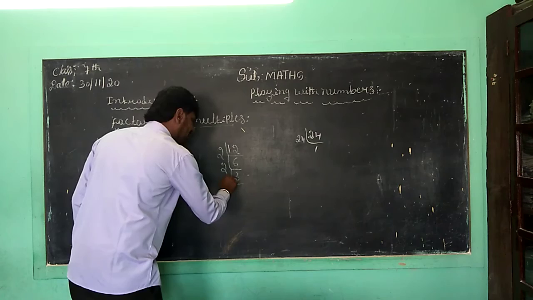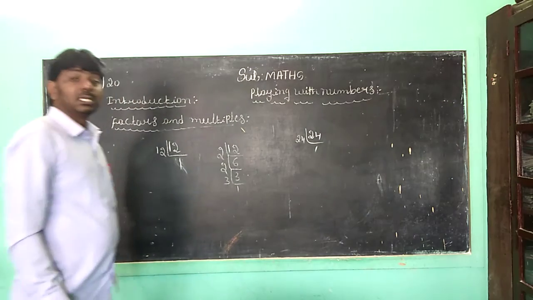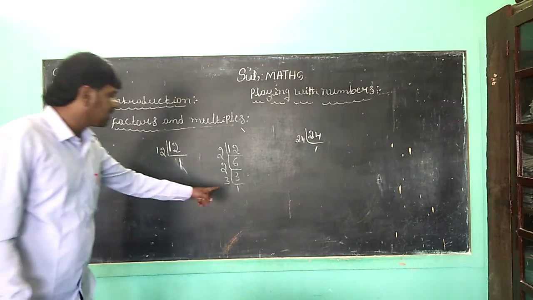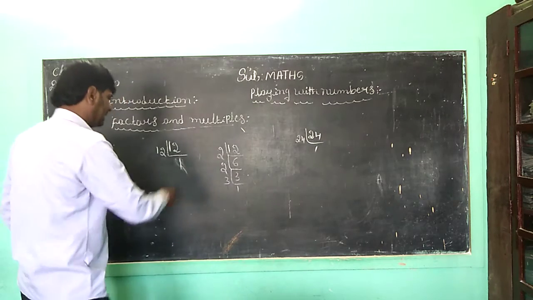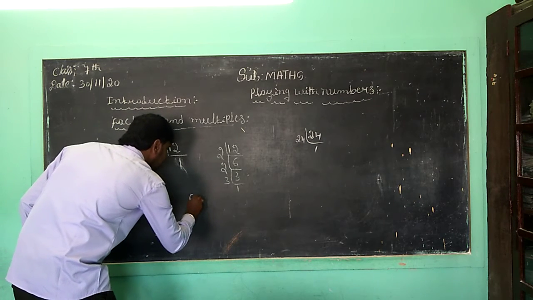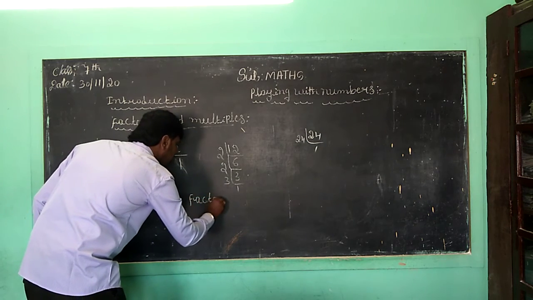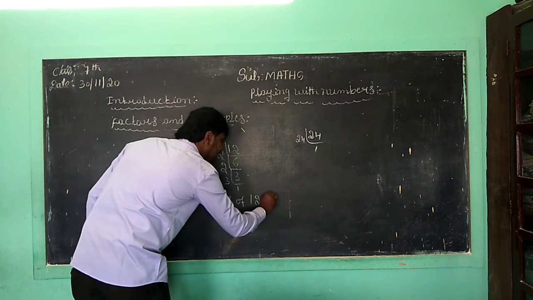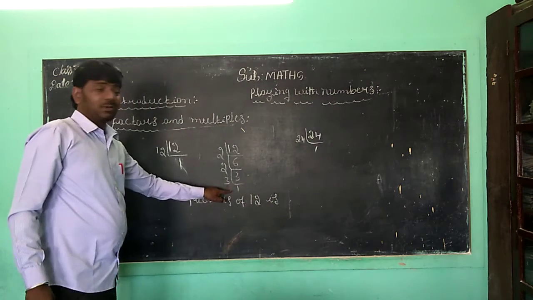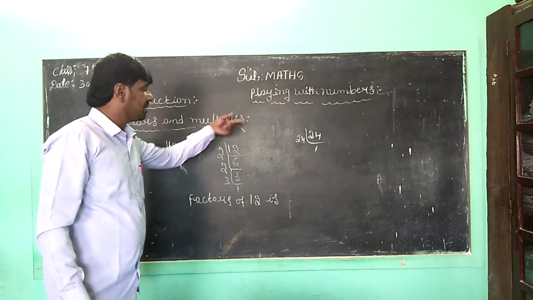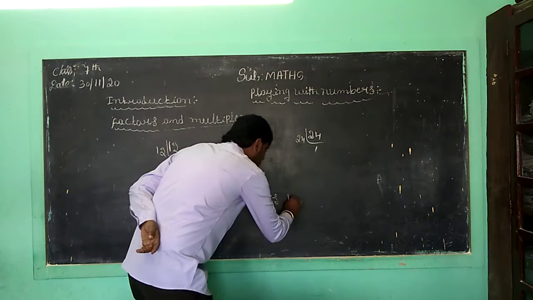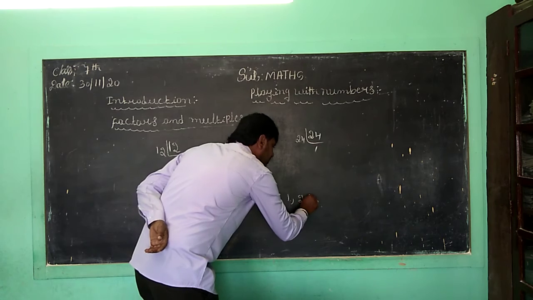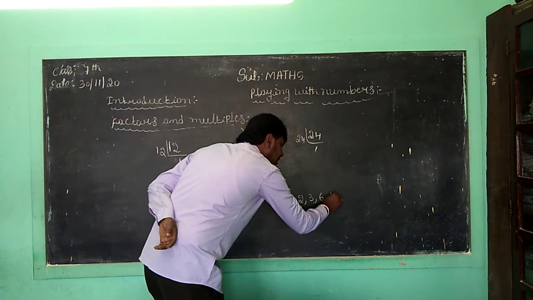Children, now we take 3 times 4. Now we write the factors of 12. How can we write? Factors of 12 are 1, 2, 3, 6, 12.